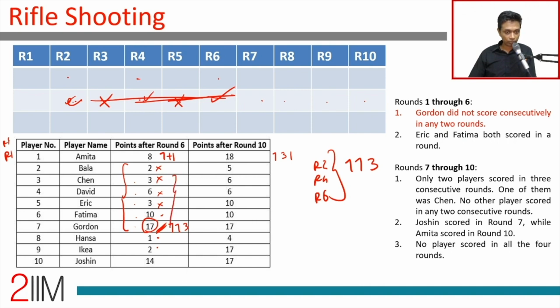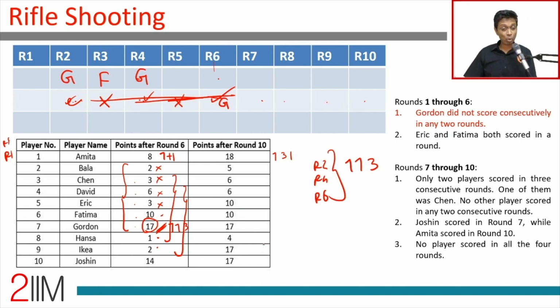Round 3, again only Fatima and Gordon. Round 4, again only Fatima and Gordon. So rounds 2, 3, 4, the first places have to be Fatima and Gordon. Fatima could have come first only in one of them. So she should have come first in round 3. And Gordon should have come first in round 2 and round 4. And round 6, Gordon is second.